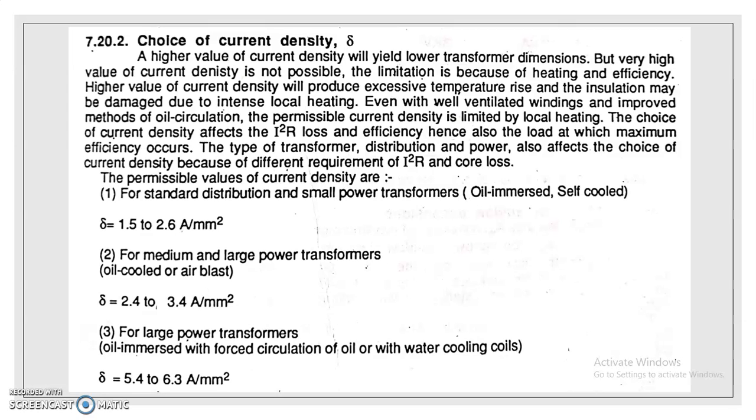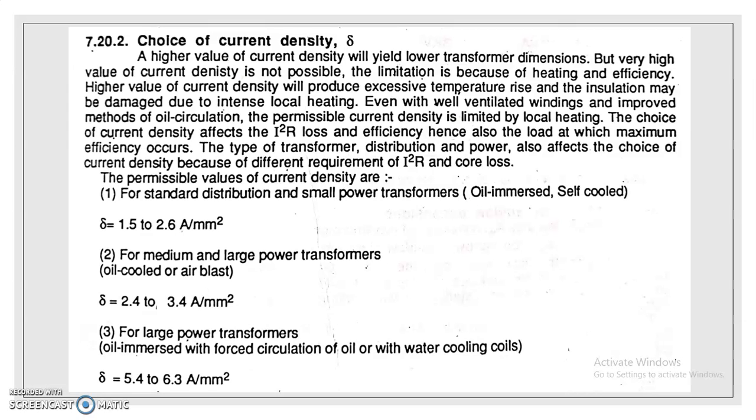The permissible values of the current densities: for standard distribution and small power transformers that are oil immersed and self-cooled, we have to choose it between 1.5 to 2.6 ampere per mm square.